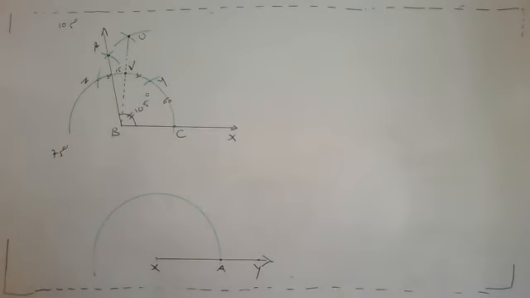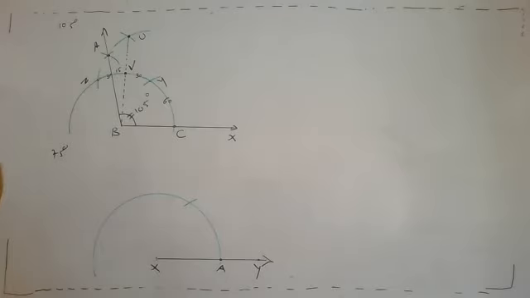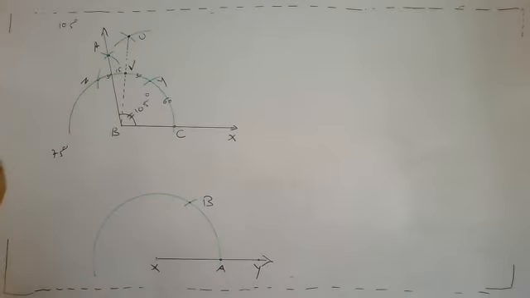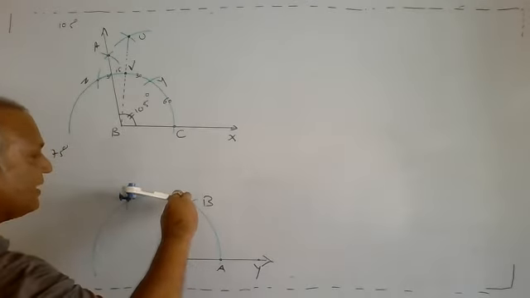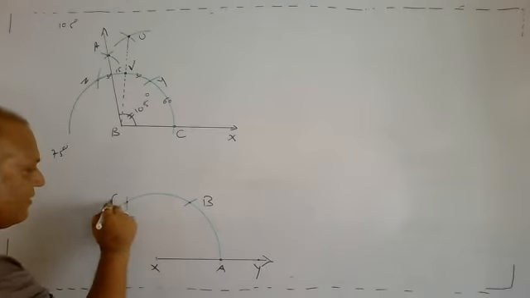From A, we have to get the first arc, it is B. From B, we have to get another arc, it is C. This C must be extended.